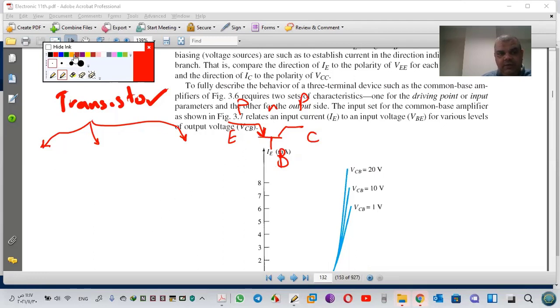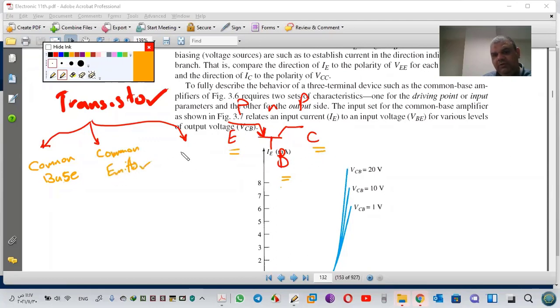Usually, we will connect E or B or C to the ground. If I connect B to the ground, it has a name, common base. If I connect the emitter to the ground, it has a name, common emitter.